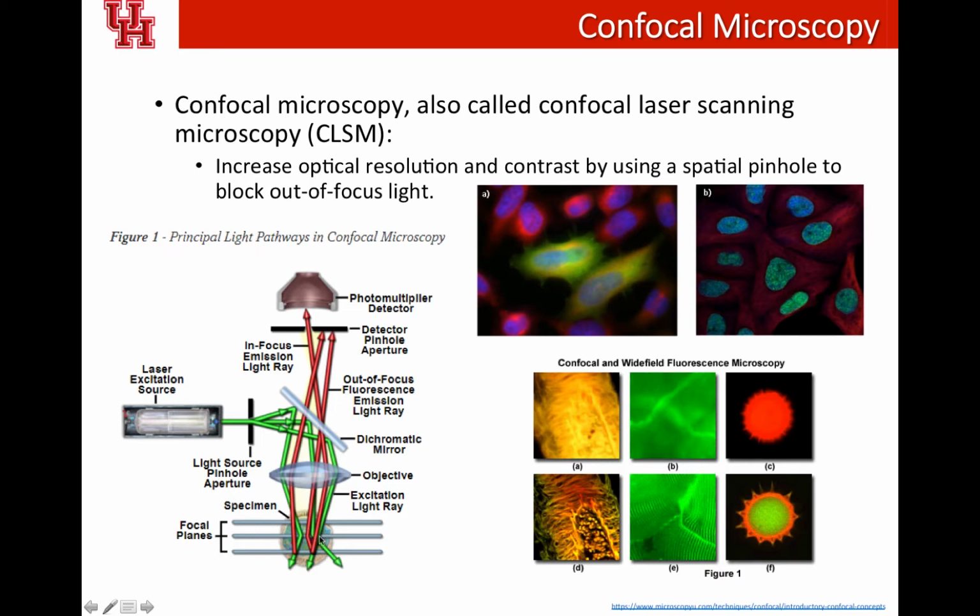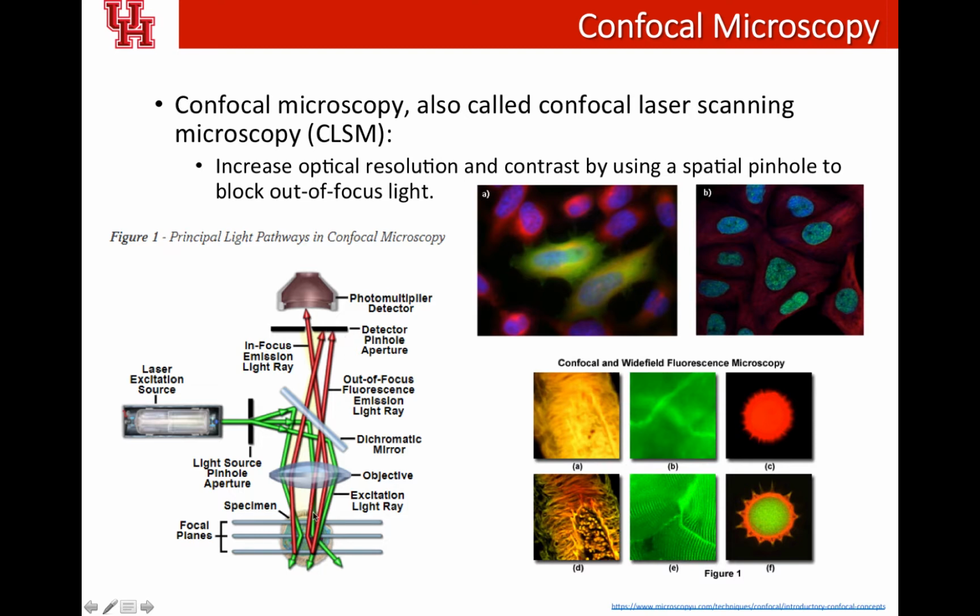On those spots, fluorescence will be emitted along all the light paths, and the light will be focused. Now you add a second pinhole in front of the detector, the pinhole aperture, so only light from your focal point will go through that pinhole.